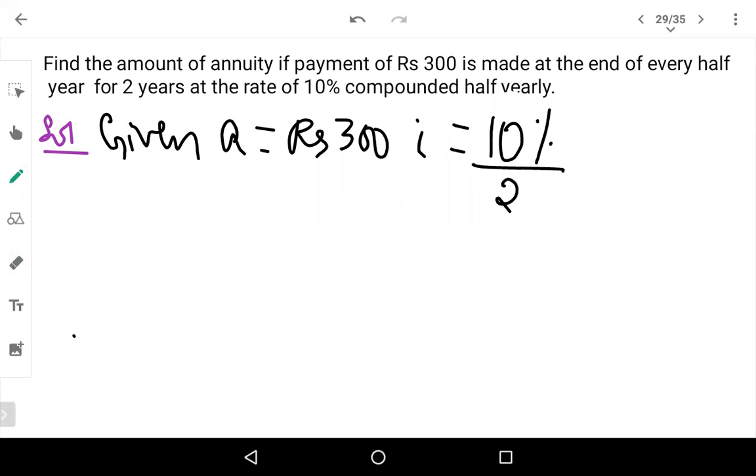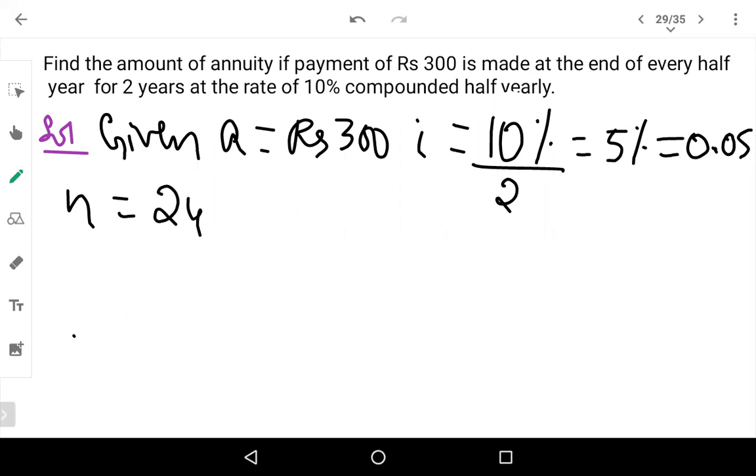So 10 by 2, which will be 5%, that is nothing but 0.05. And when it comes to number of years, it is 2 years, but it is compounded half yearly, since we are supposed to multiply with 2, which will be 4. And then we have to find out the amount.